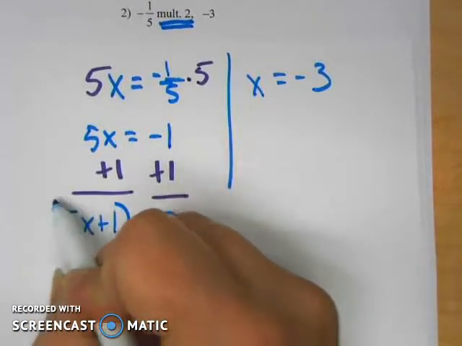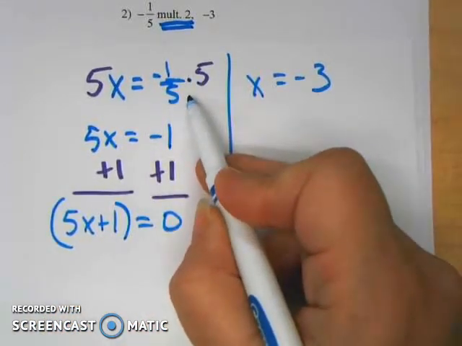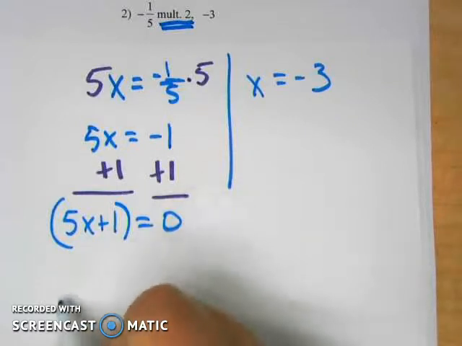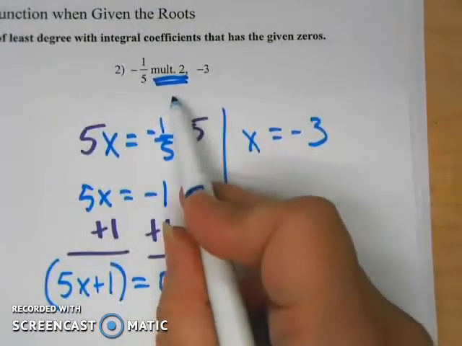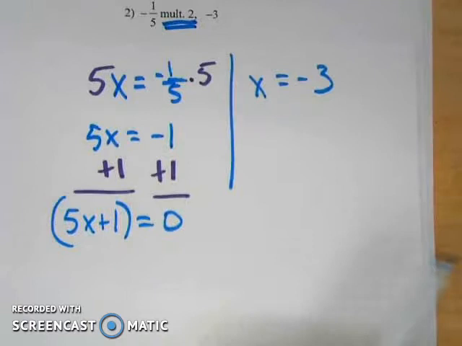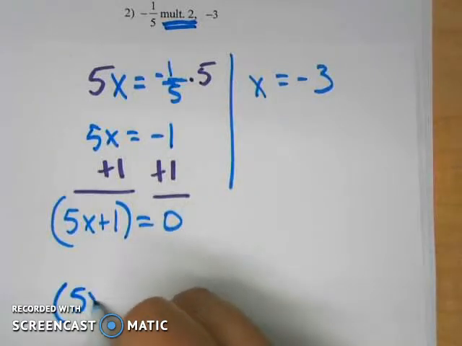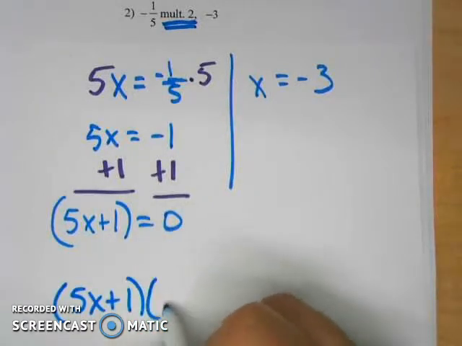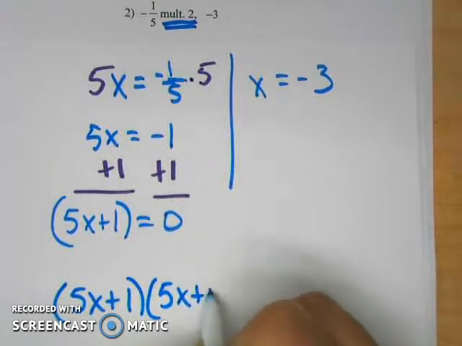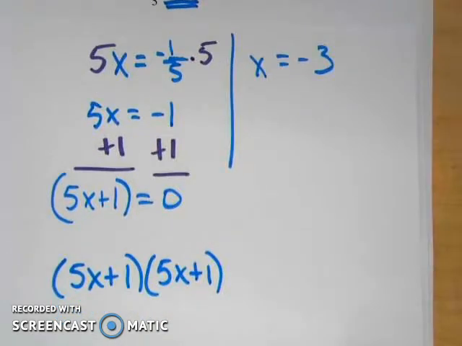So we know that the factor represented by this root is 5x plus 1. The thing that we have to remember, though, is that it has a multiplicity of 2. So we're going to say that it exists twice in the factor set. It is represented twice in the factor set.